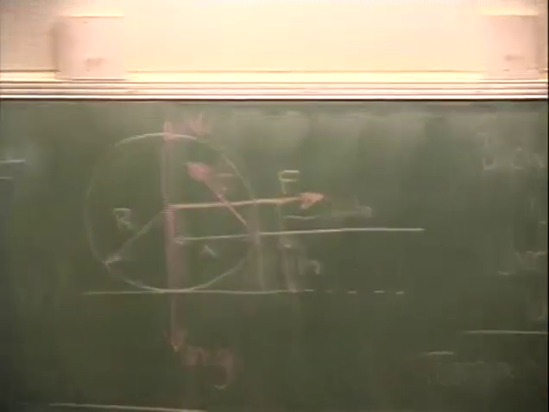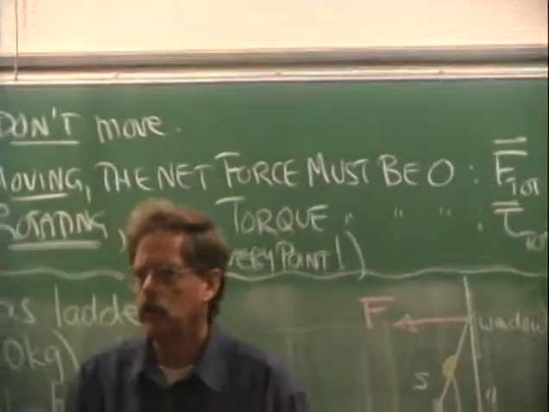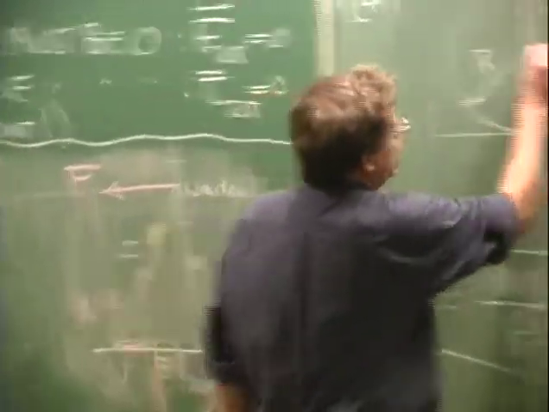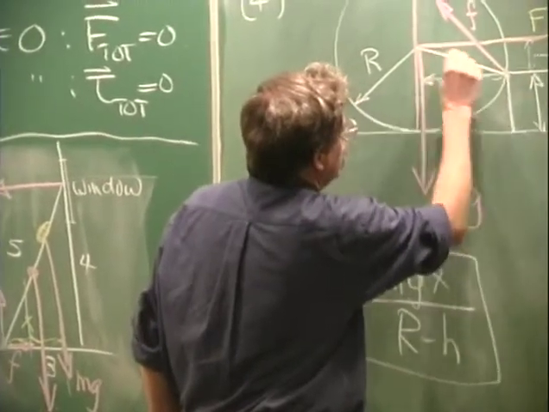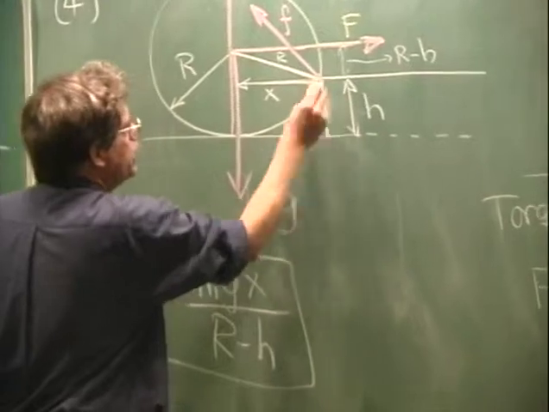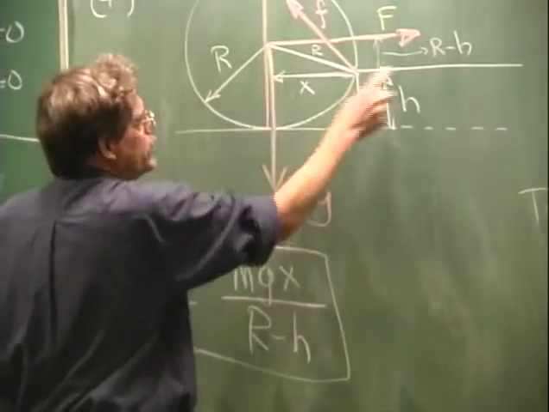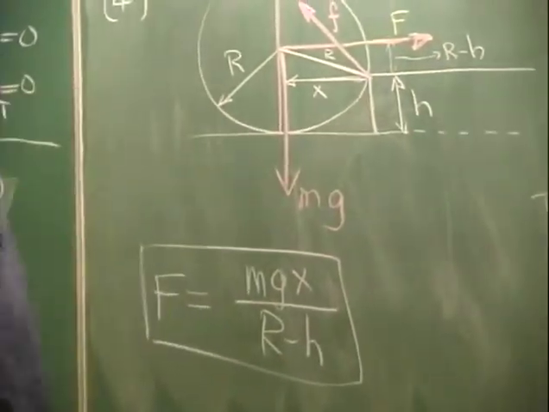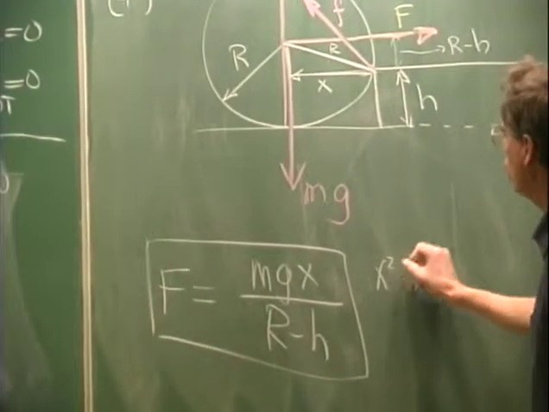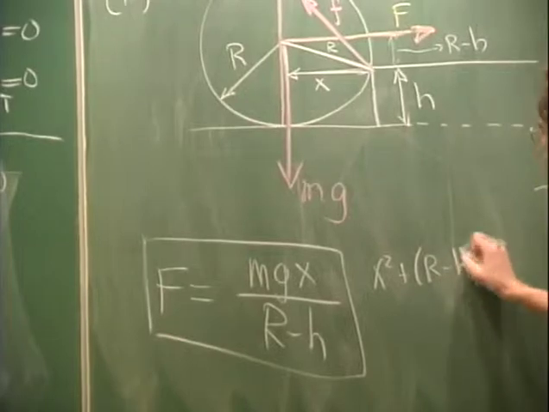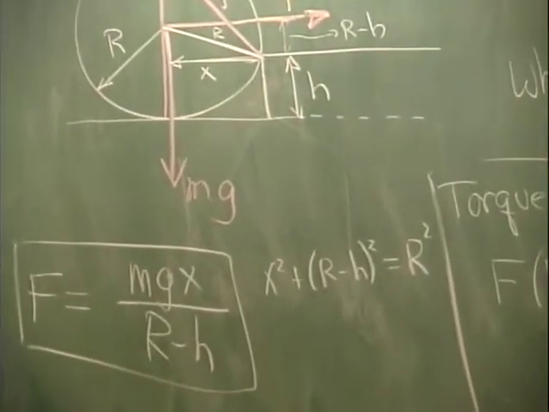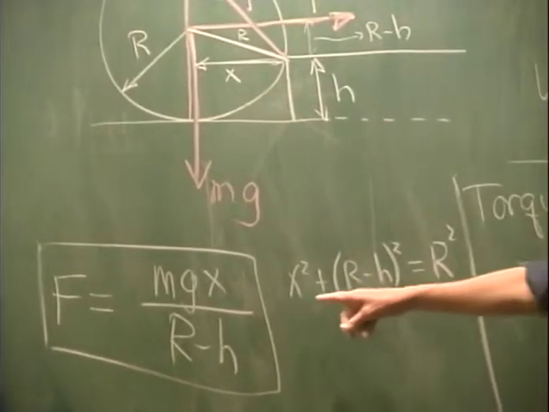Now we've got a little piece of geometry to figure out what x is. Anybody see a clever way to do this? Suppose that I completed this right triangle here. The hypotenuse is r, the horizontal distance is x, and the vertical distance is this r minus h. So what would I have? x squared plus (r minus h) squared equals r squared. What I'm trying to find out is what is x.